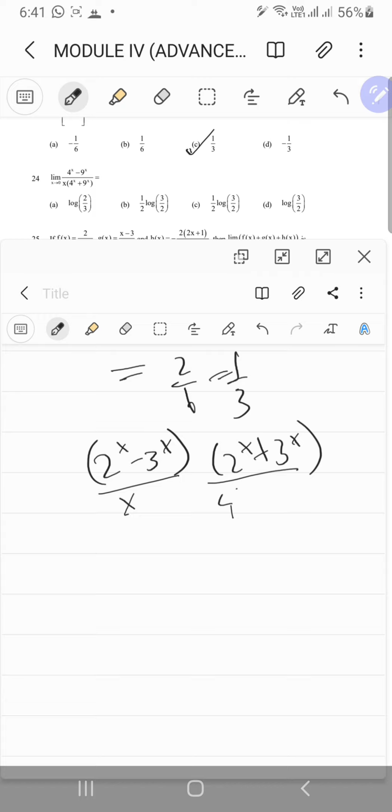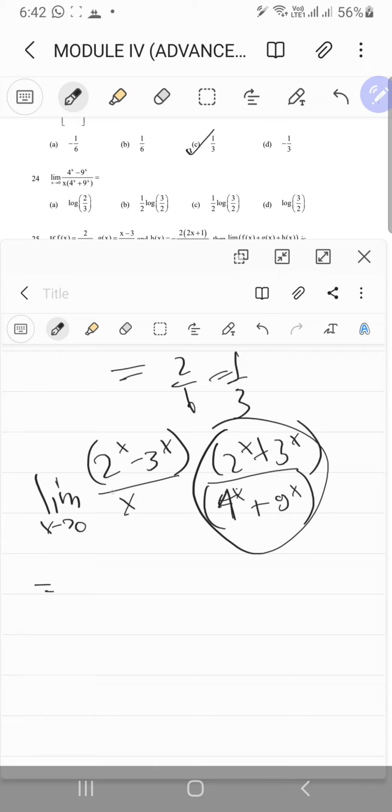So this is the limit as x approaches 0 of this thing. Now this is a finite quantity, so we can just take it out. So this is going to be 1, right? Yes, this is just the limit as x approaches 0 of 2 power x minus 3 power x upon x.